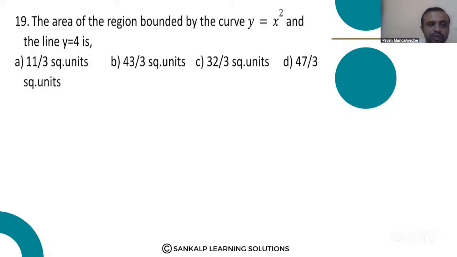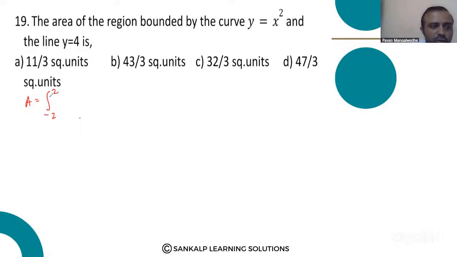So let me start with the integration formula. Area A is given by the limit from -2 to 2.